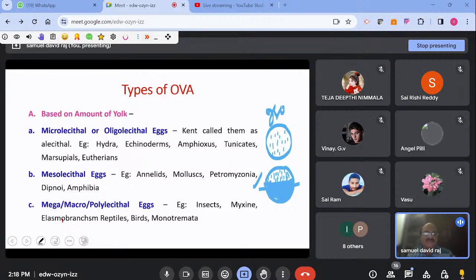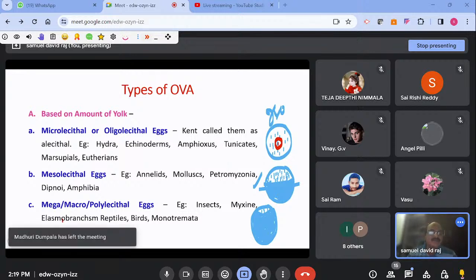And coming to polylecithal eggs, these eggs leave only a small space towards the animal pole. The entire vegetal pole, even above the equator, almost the entire egg is occupied by the yolk material, leaving a small space here. The egg has a nucleus, which is present in yolk-free cytoplasm, called active cytoplasm.